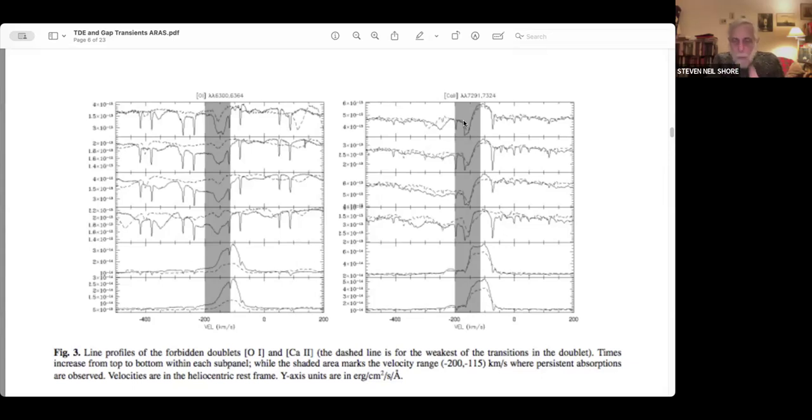Both of these sequences were taken with UVIS. This is from work that Ellen Mason and I did a couple of years ago. I just want to emphasize that this is what tells us something about what was going on and the sort of thing that you would be able to observe.